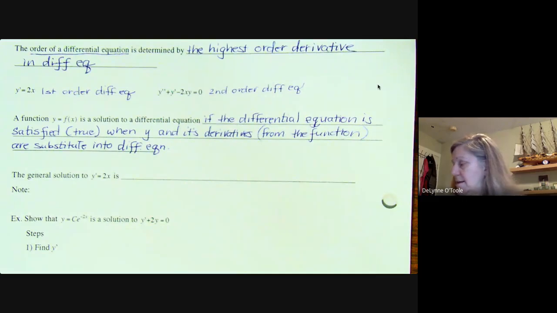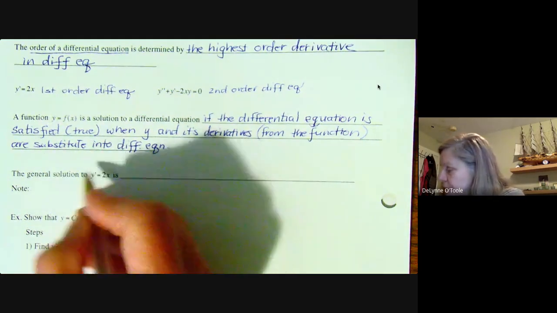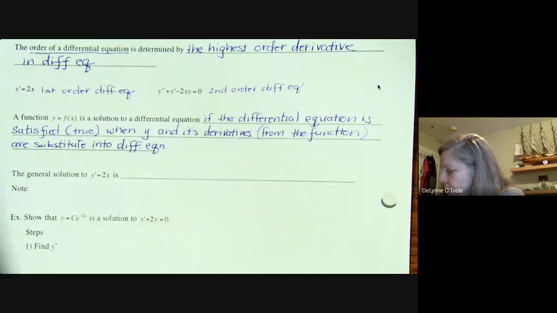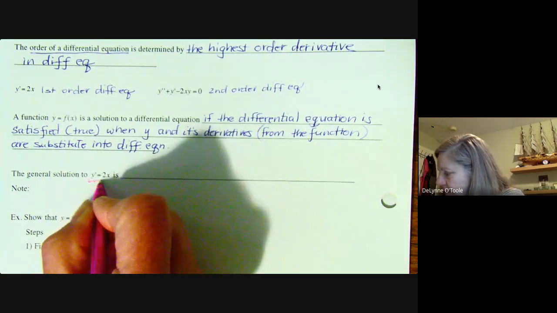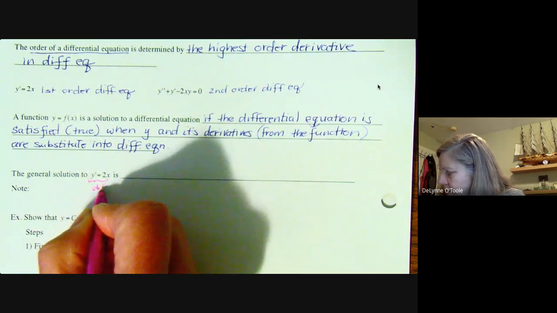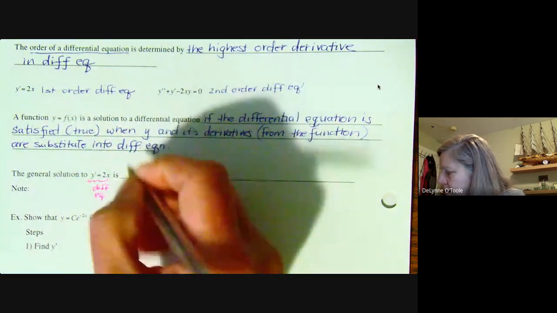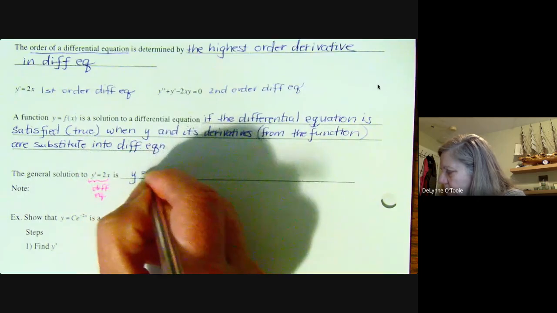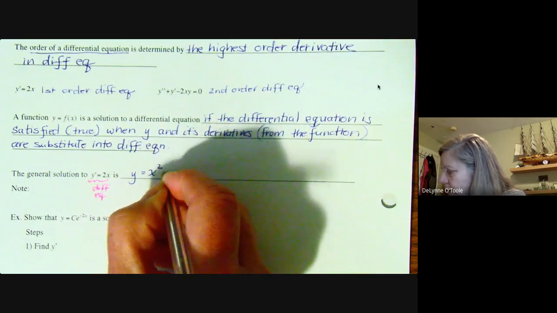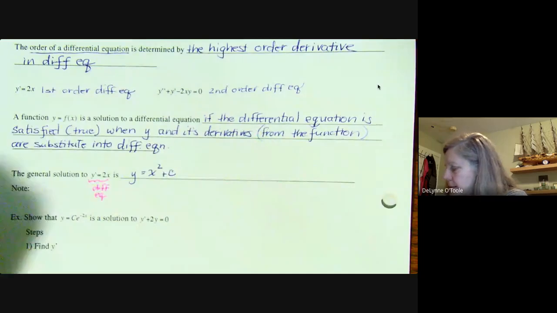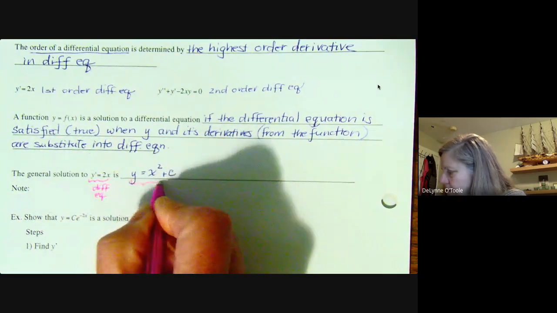Okay, so the general solution to this differential equation, this is the differential equation, is y equals x squared plus c. This is called the solution.